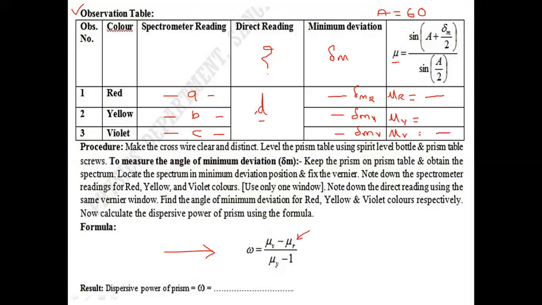Then here is mu v, substitute the value of mu v over here. Then mu y, the mean color, substitute the value of mu y over here, and taking the ratio, you will calculate omega, that is the dispersive power. So with the help of this refractive index mu, we can calculate the dispersive power of the prism. So this is all about the dispersive power of prism experiment.